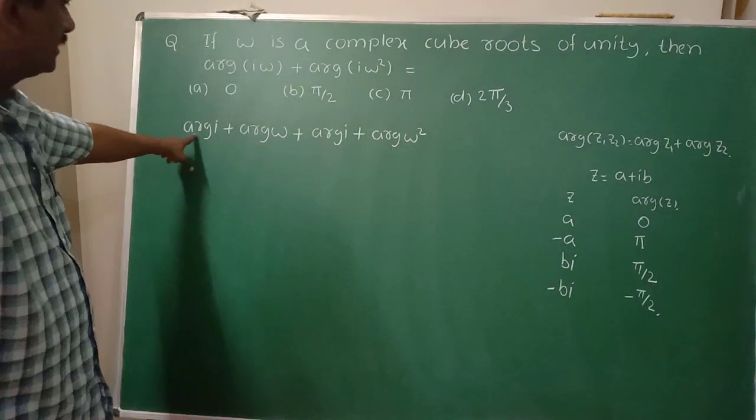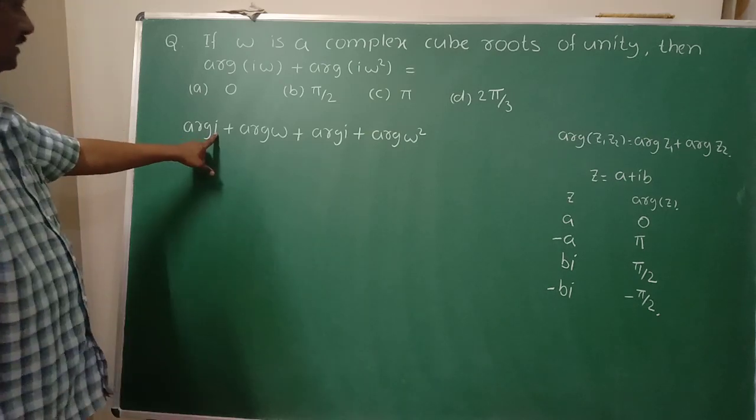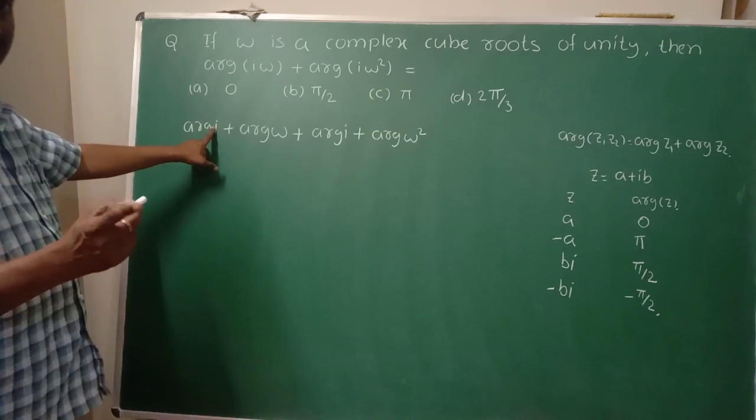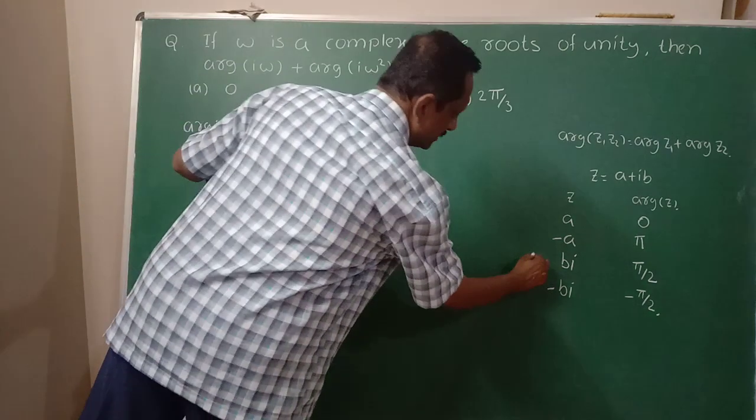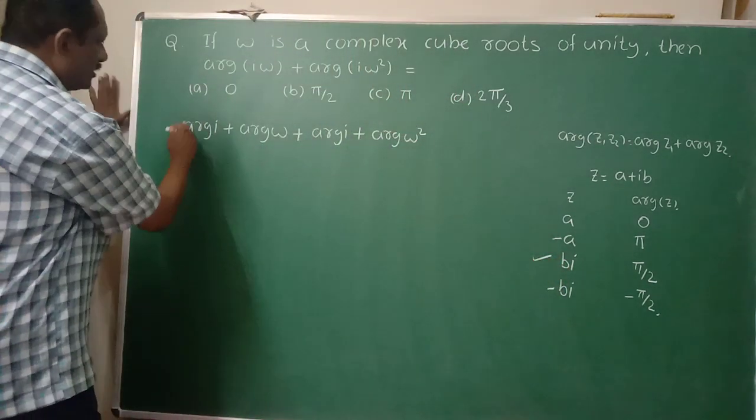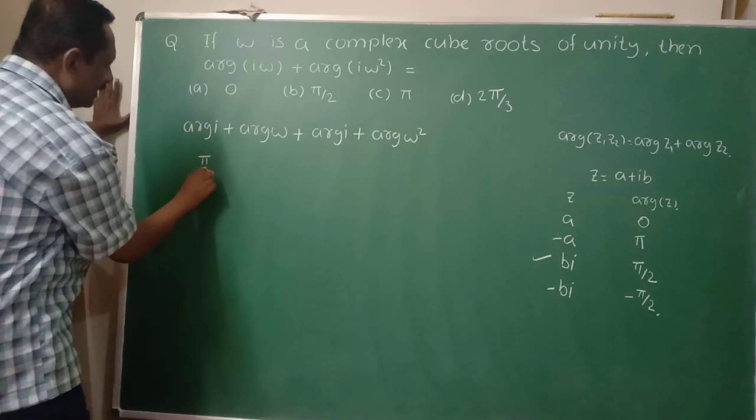Therefore argument of i, here behind it is 1, 1 is a real number, 1 into i is again i only. Therefore we are using this result, and argument of i becomes pi divided by 2.